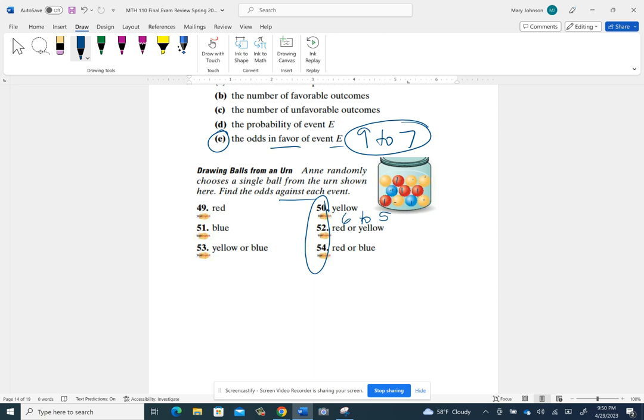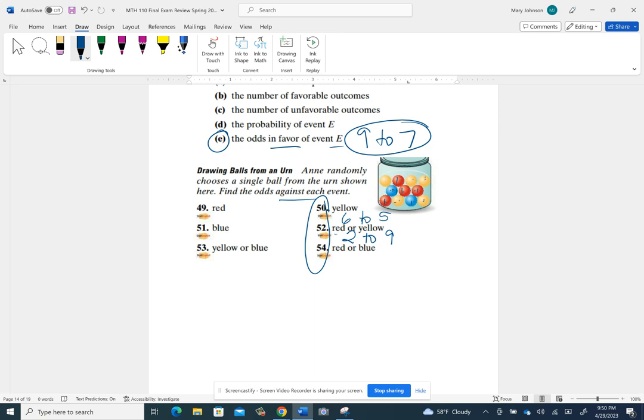All right. Odds against red or yellow. So not being red or yellow would be 2. And then being red or yellow would be 1, 2, 3, 4, 5, 6, 7, 8, 9. So 2 to 9.